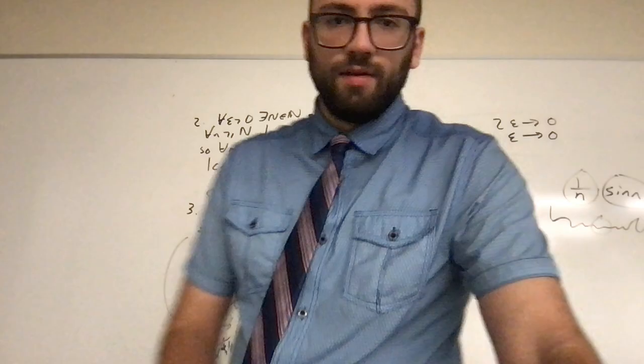For all epsilon greater than 0, there exists an N natural number such that for all n greater than or equal to N, the absolute value of xn minus a is less than epsilon. So this thing here is the same thing as saying xn, some sequence, approaches a as n goes to infinity.